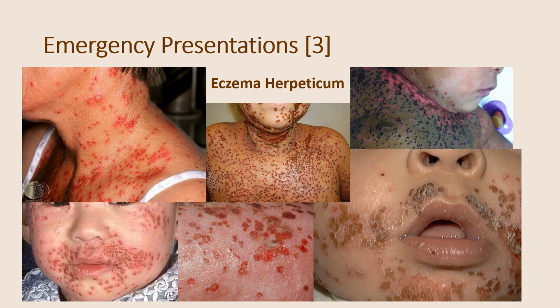If there are breaks in the skin from excoriating or trauma, then the skin may become infected with the herpes simplex virus, leading to this presentation of eczema herpeticum. Patients may be systemically unwell with a fever, and it is important to take both bacterial and viral swabs of the lesions and to start correct treatment, which would be acyclovir and also flucloxacillin if there is suspicion of secondary bacterial infection.